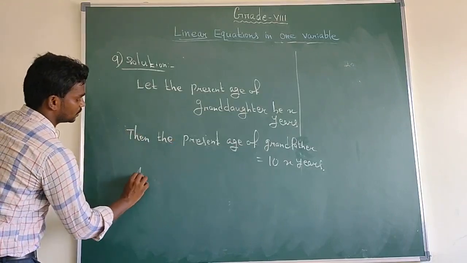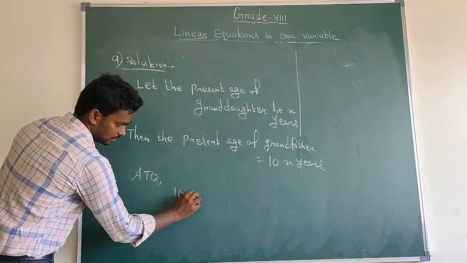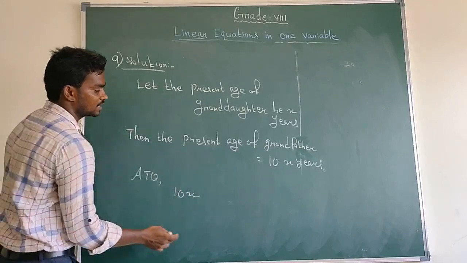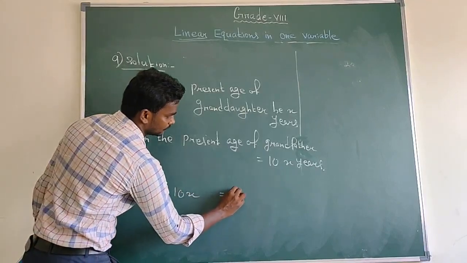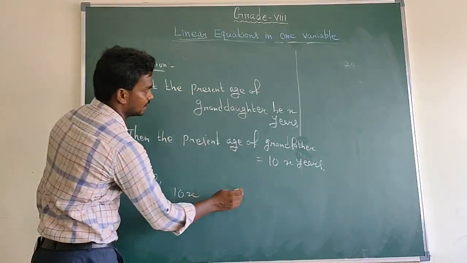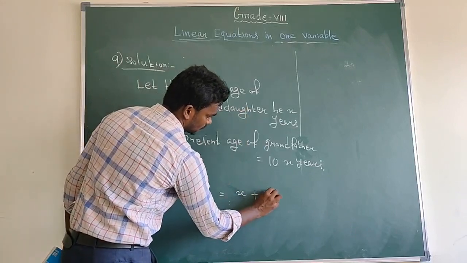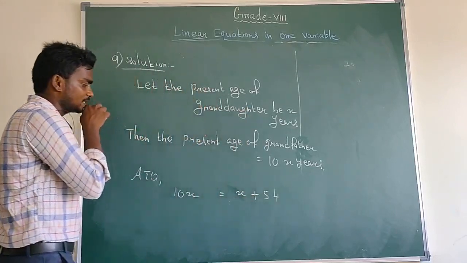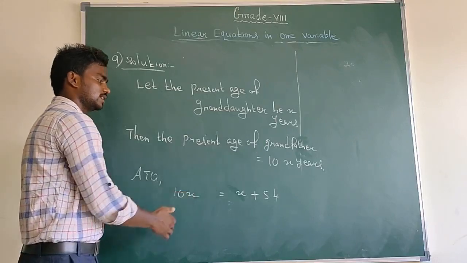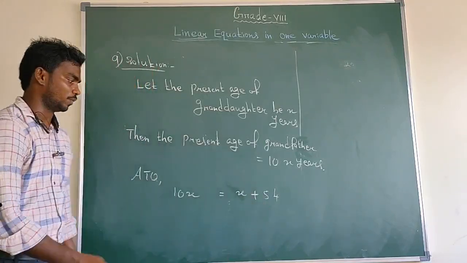So according to the question, the grandfather's age is 10x and the granddaughter's age is x years, which is added to 54 years, because the condition is that he is 54 years more than the granddaughter. So we add the granddaughter's age to 54.